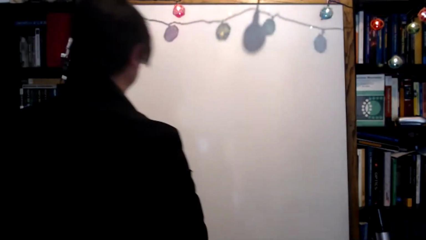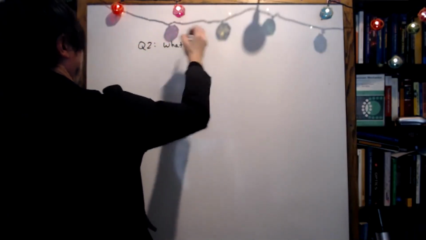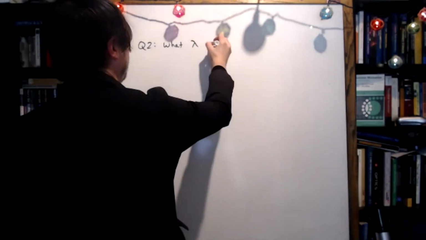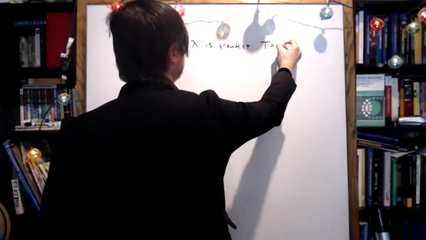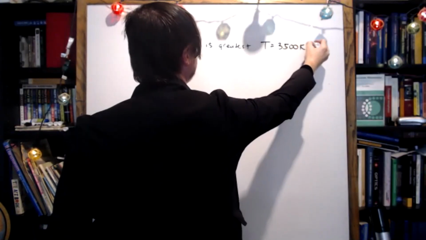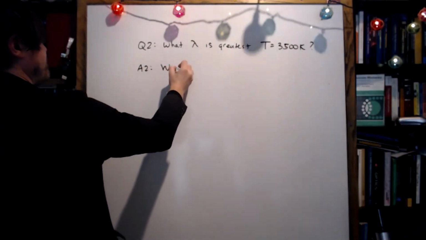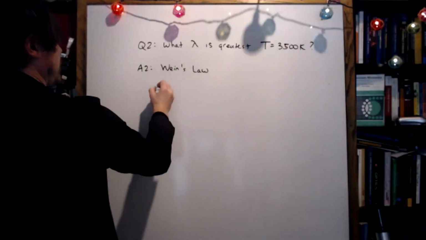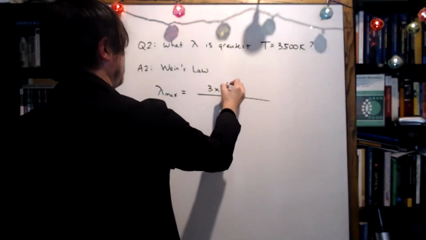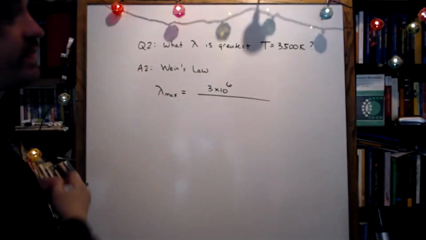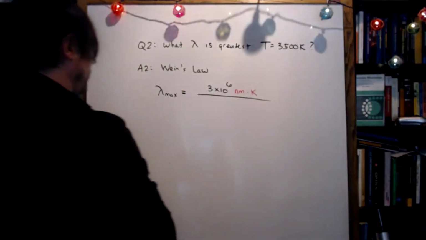So let's answer question 2. What wavelength is greatest for a temperature of 3,500 Kelvin? Wien's law tells us that the peak wavelength of emission is 3 million nanometer kelvins divided by the temperature.